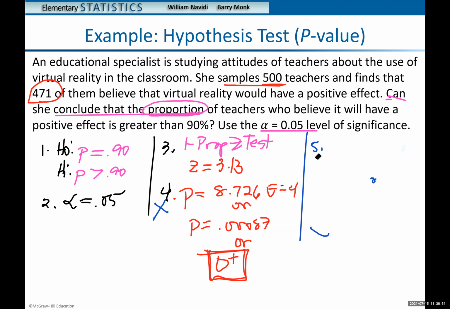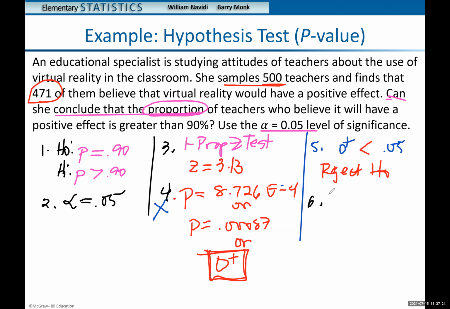When that happens, you're going to lose 5 points. You're going to lose half of your score. So that's why you can use 0.0087, or if you use 0 plus, since it's a very small number, whatever your alpha is, it's still going to be less than. And if it's less than, we know that we reject the null hypothesis.